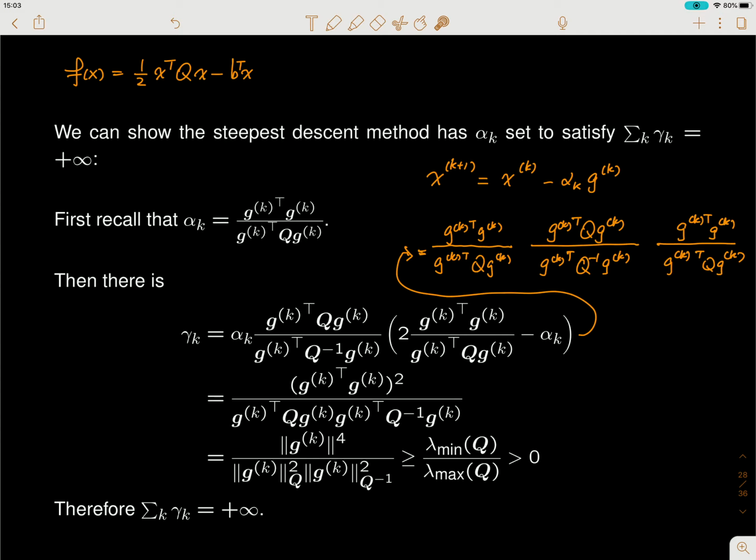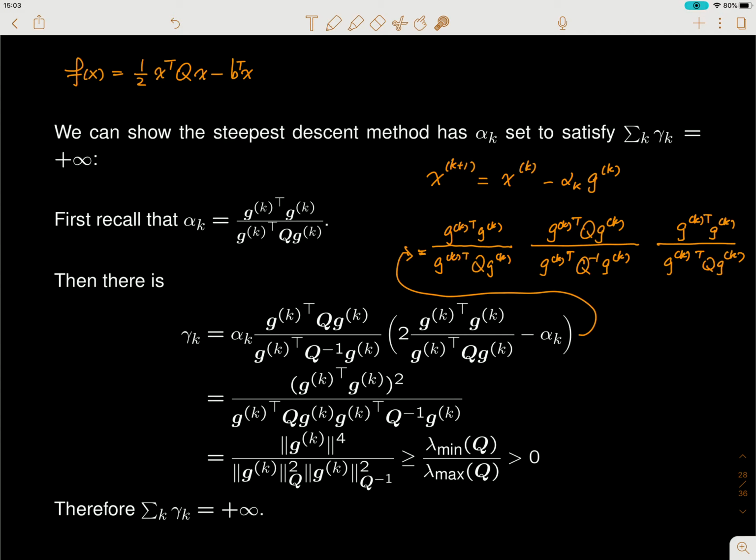Okay, so now you can see, first of all, this number is bigger than 0, because Q is positive definite. And since we chose alpha to be between 0 and 2 over the maximum eigenvalue of Q, alpha is bigger than 0, and this minus alpha is also bigger than 0. So all of them together is bigger than 0, and this is independent of k.